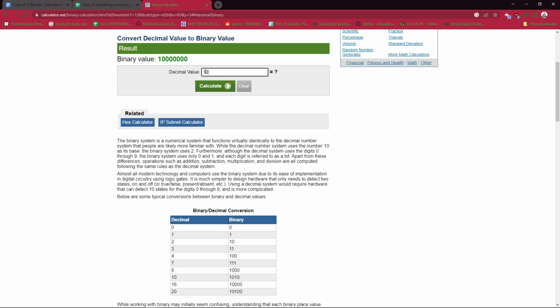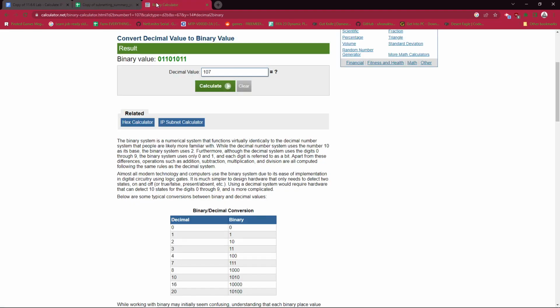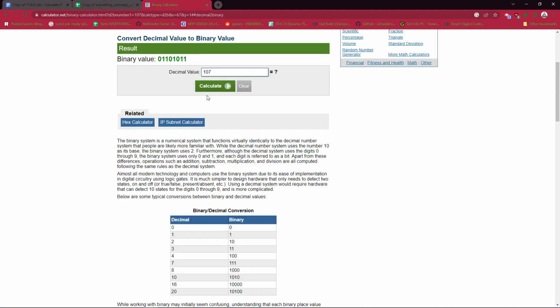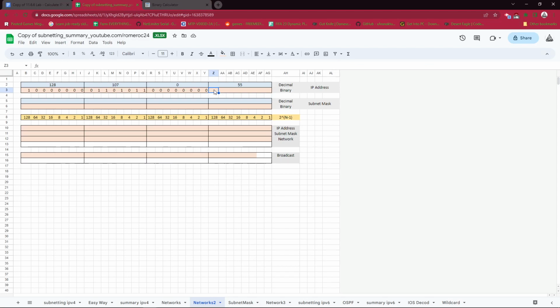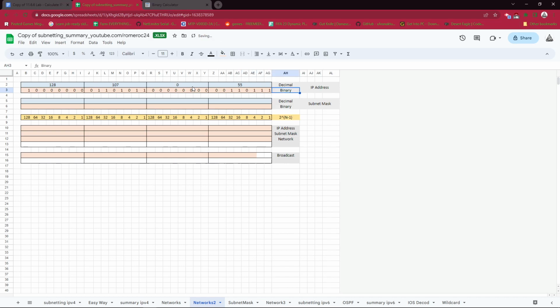For 107, we get 01101011. 0 is 00000000. For 55, we get 00110111.